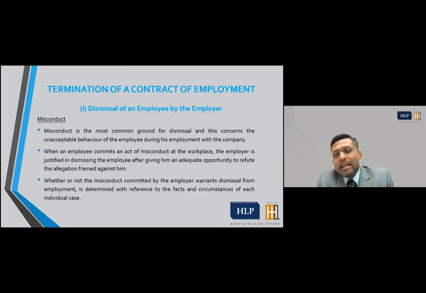And upon hearing the employee, if it is established, yes, the employee has indeed committed these acts of misconduct, then the employer may terminate the employee. I will come to the procedure of termination a bit later. Let me just deal with this issue of termination first.